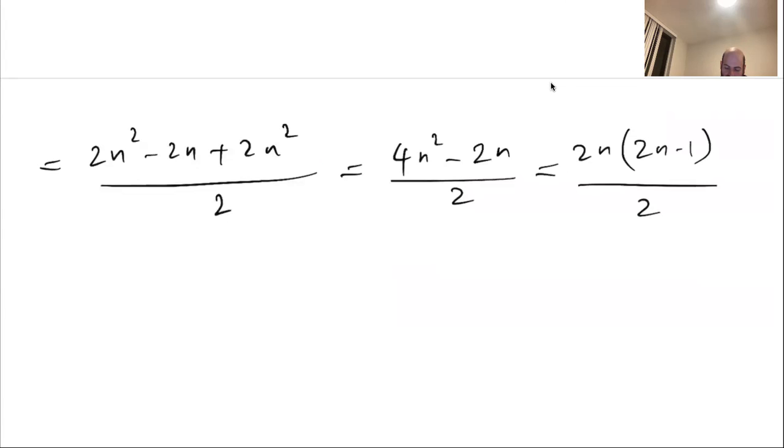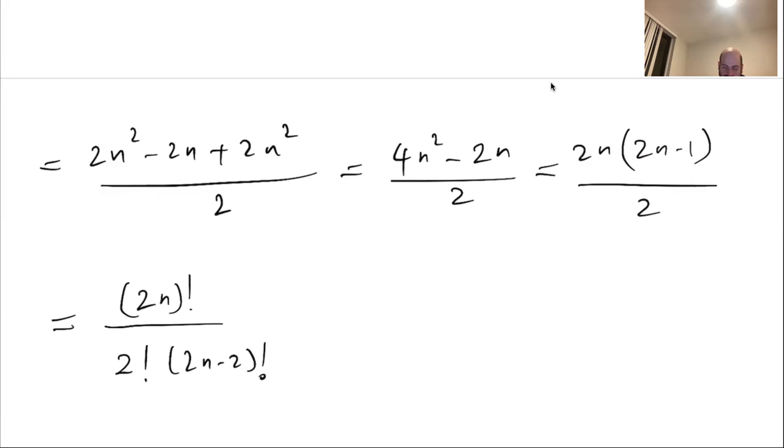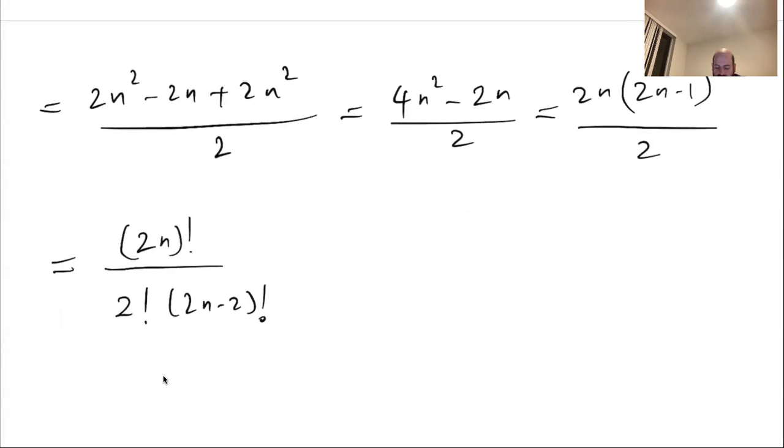And again, we can write this as 2n factorial divided by 2 factorial times 2n minus 2 factorial, because 2n factorial divided by 2n minus 2 factorial is 2n times 2n minus 1, and 2 is the same as 2 factorial. And this is again 2n choose 2, because 2n choose 2 is 2n factorial over 2 factorial times 2n minus 2 factorial, and this is my left-hand side.